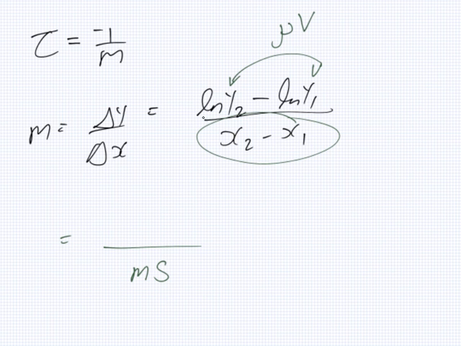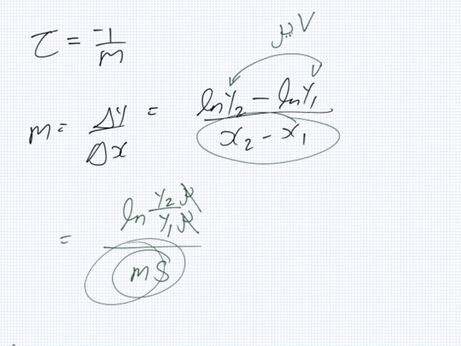Microvolts. But on the top, that's log y2 over y1. So it doesn't matter if this is micro. It cancels. So if it's micro, milli, giga, doesn't matter. It cancels. So we can know what the unit for the time is by just looking at the x-axis.